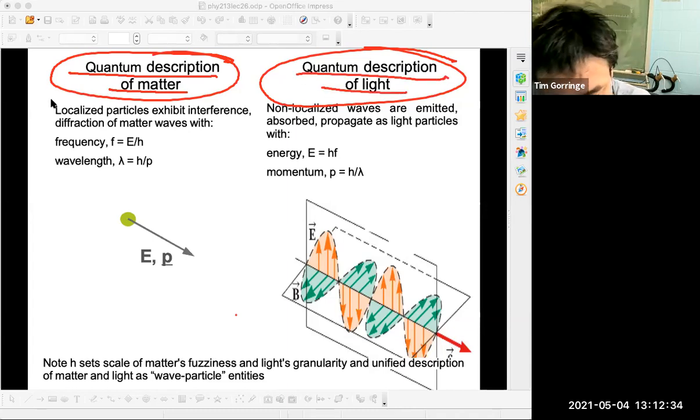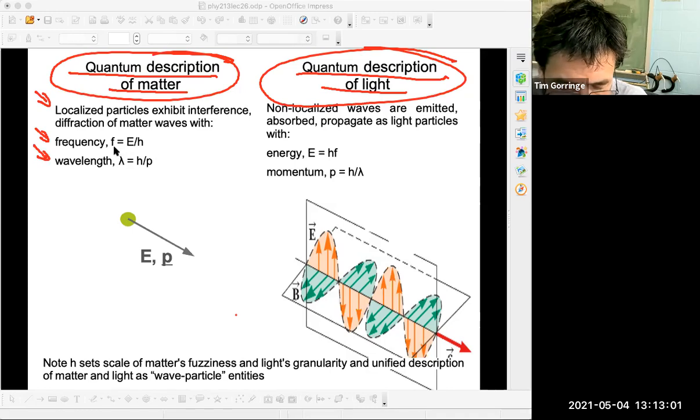And if you remember that, classically, we would think of particles as localized, discrete objects. But in quantum physics, we think of them as having a kind of fuzziness, a diffuseness, and then exhibiting interference and diffraction, and having an associated frequency and wavelength.